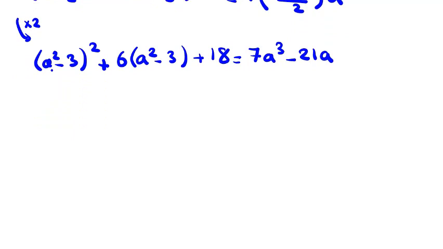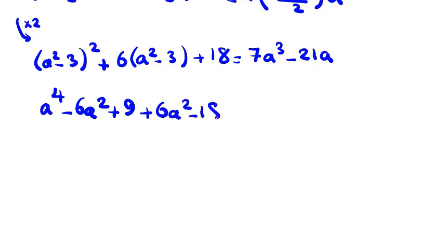Now, if we expand these terms, it will be a to the 4 minus 6a squared plus 9 plus 6a squared minus 18 plus 18 equals 7a cubed minus 21a.